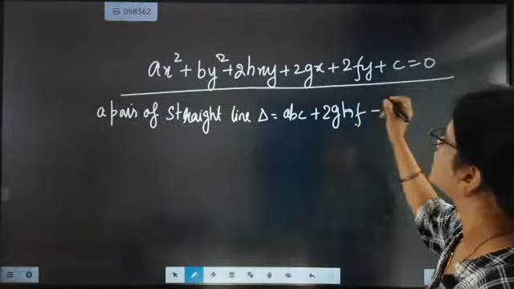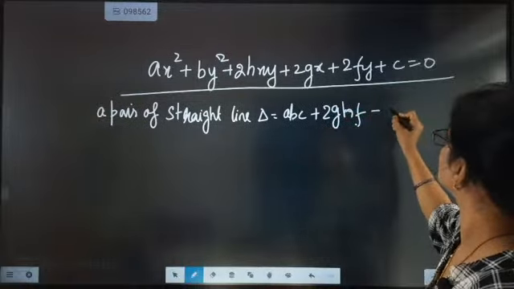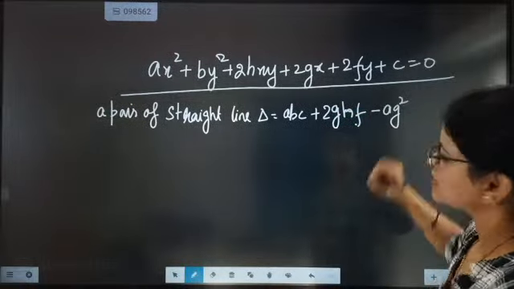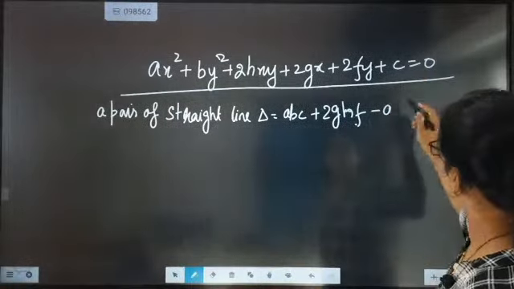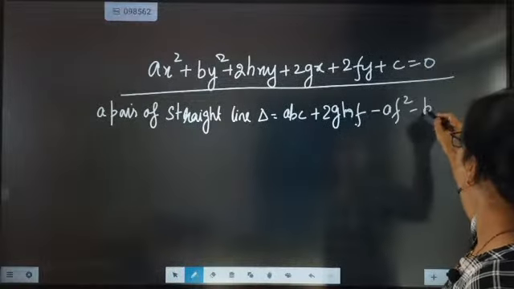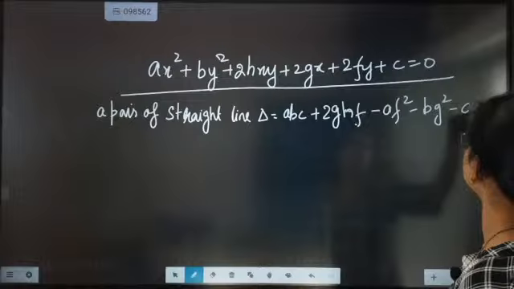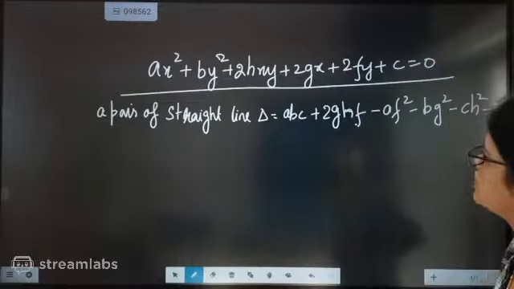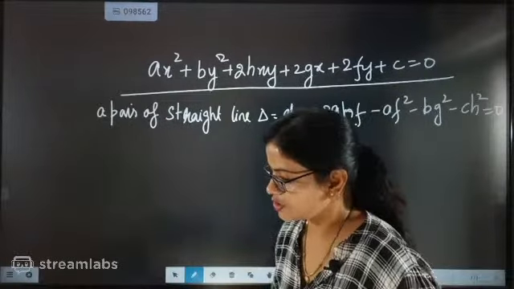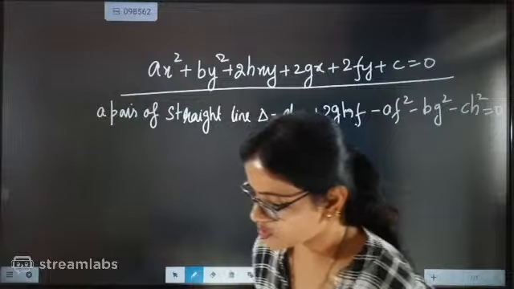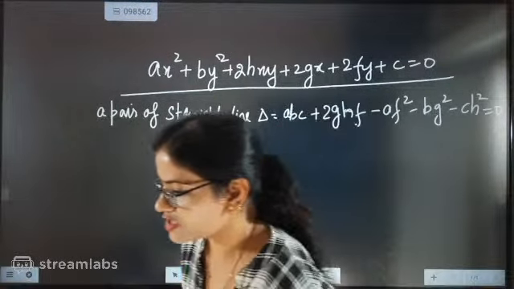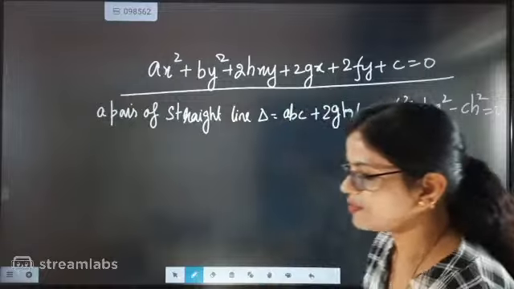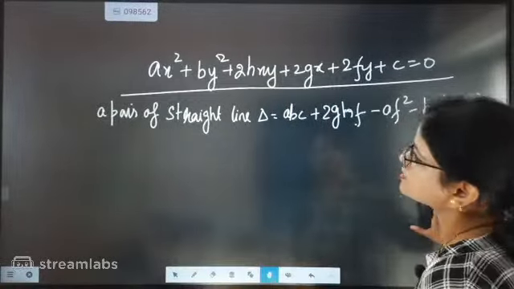So 2fgh minus af square, minus bg square, and minus ch square will be equal to 0. I'm just coming to you so that I can explain this part.